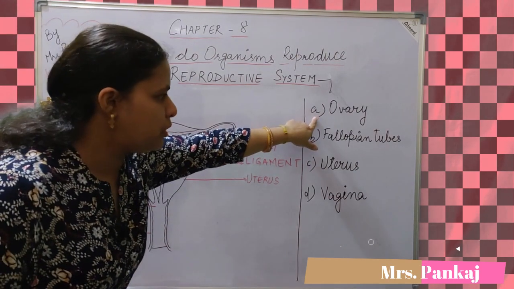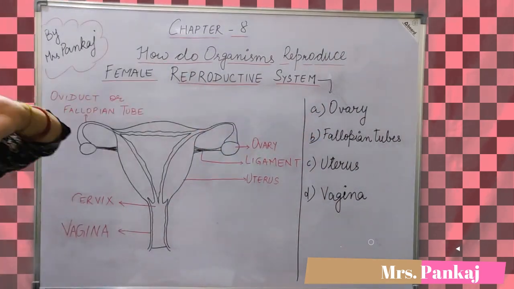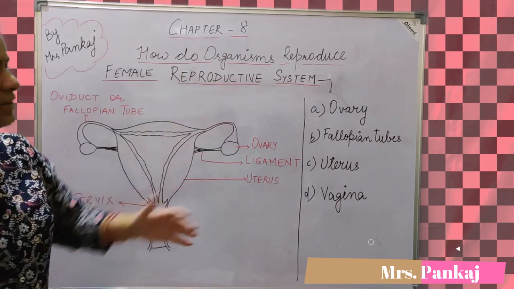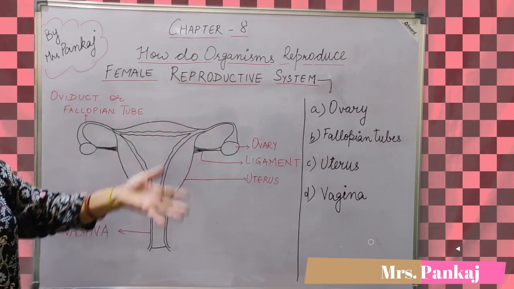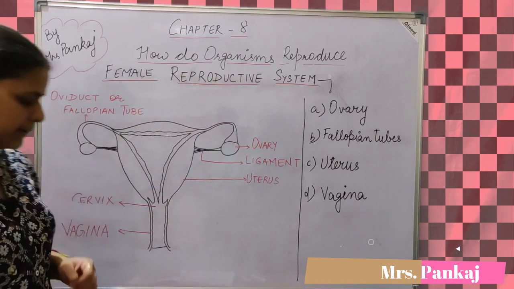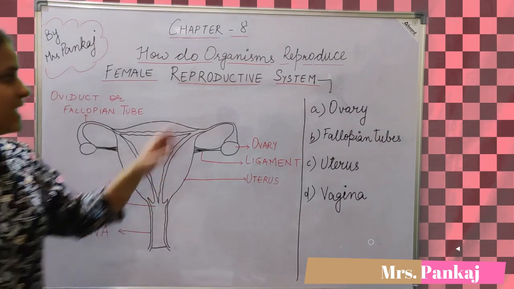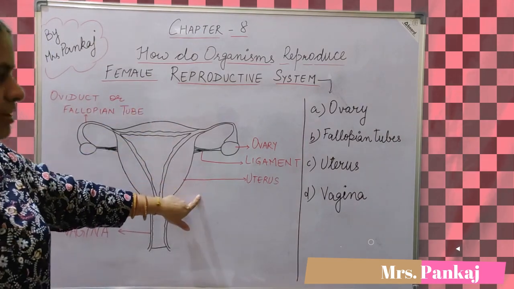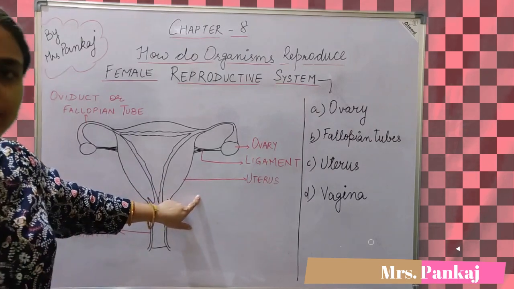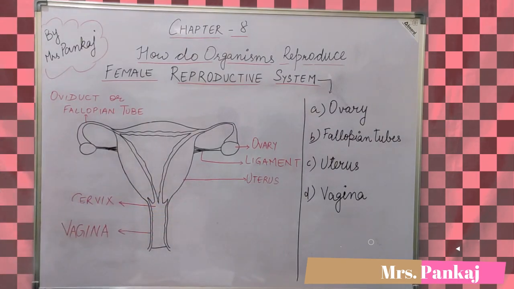Now start with the very first thing, ovary. Or before starting with it, I just want to introduce a few things over here. Like male reproductive system, female reproductive system is much more complex than the male reproductive system.